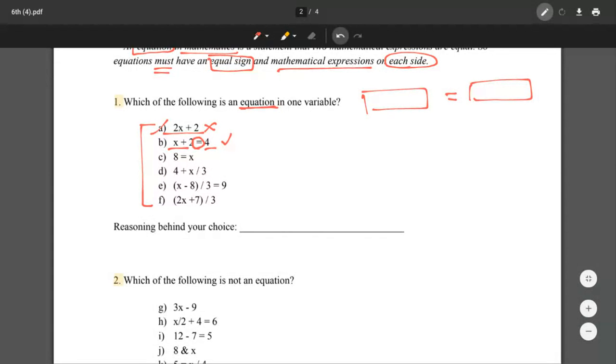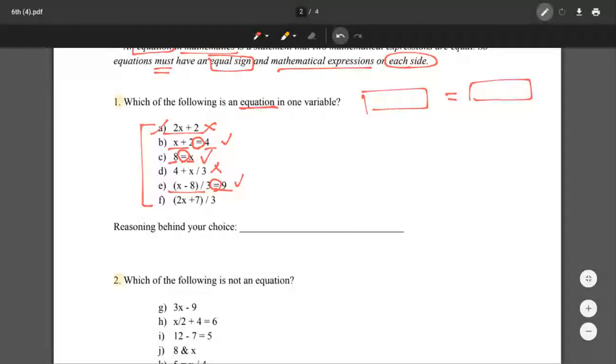Okay, how about C? Again, it is an equation because there are expressions on each side, and then there's an equal sign. How about D? There's no equal sign, right? No. How about E? Yes, it is, right? Because expression on each side, and then the equal sign.